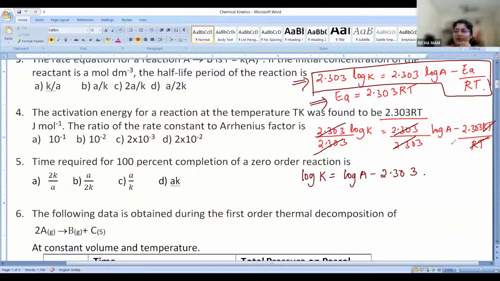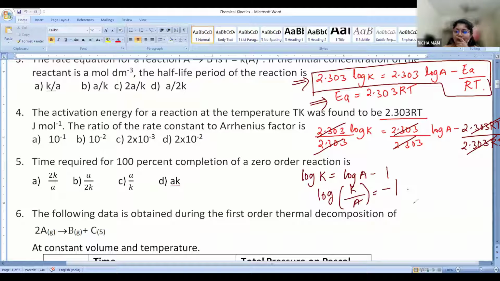Again here also we are going to cancel the 2.303. Wherever 2.303 is there, we have to multiply by 2.303 RT, so this and this also will get cancelled. So we are going to get minus 1. So log of K minus log of A is minus 1. So log of K by A is equal to minus 1.